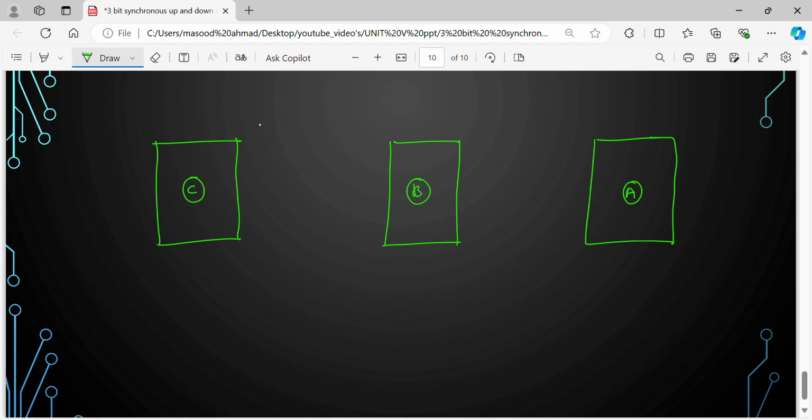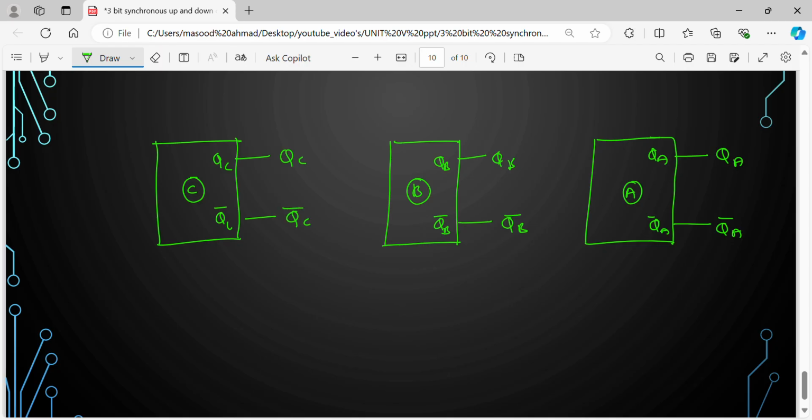It's a T flip flop, so it will have QC, QC bar, QB, QB bar, QA, QA bar available.